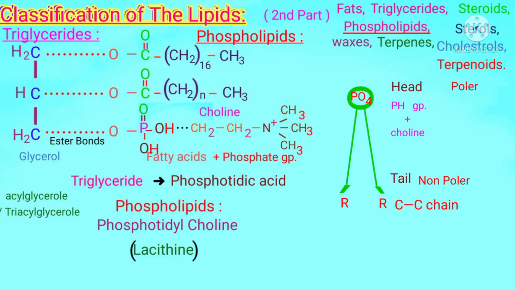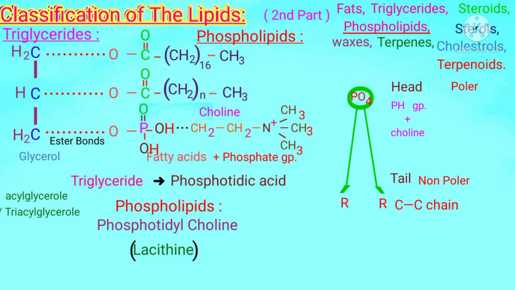As we already know from the previous video lecture, lipids are non-polar, and fats and fatty acids are also non-polar. So the tail region of a phospholipid is non-polar. Now students, there is a very important point: in a phospholipid, nature has created a very special quality.